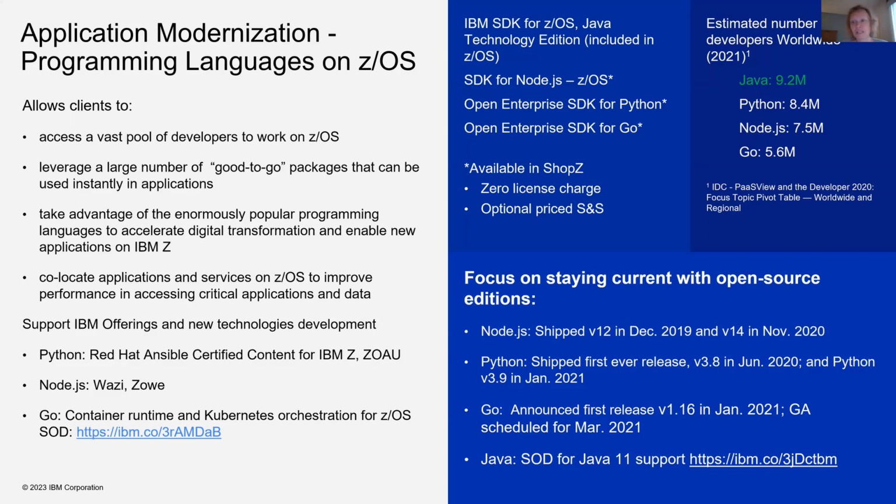Python, Node.js, and Go are the next ones, and all of those are supported on Z. So there's no reason not to run applications on Z, when the architecture guidelines require them to be implemented in one of those new frameworks. They are all available on Z.